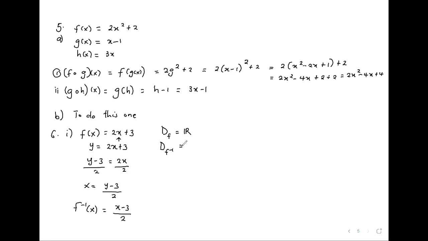So any value of x we take there, the function will be defined. So again, we have all real. Let's go to the range of f. The range of f is the domain of the inverse. So it's all real. Let's go to the range of the inverse. The range of the inverse is the domain of the original function. So it's all real.